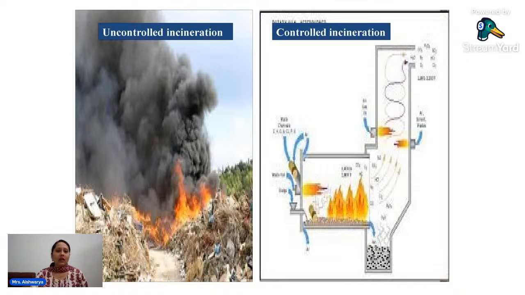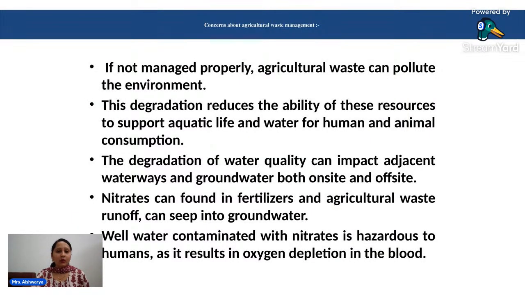Next is the concern about agricultural waste management. If not managed properly, agricultural waste can pollute the environment, and this degradation reduces resources to support aquatic life and water for human and animal consumption.